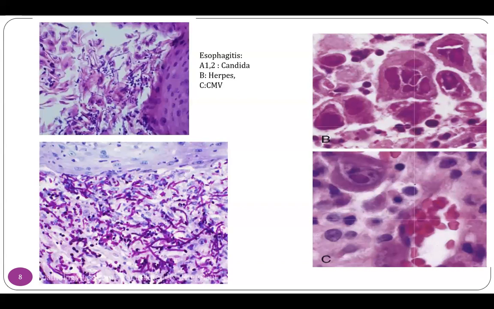In the microscopic examination, we see the spores and the hyphae. Many times in the background we see acute inflammatory infiltrate. The component of this gray-whitish membrane is just acute inflammatory exudate plus the candida hyphae and spores.